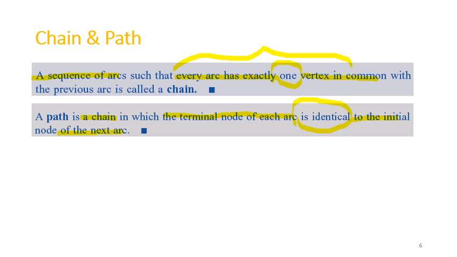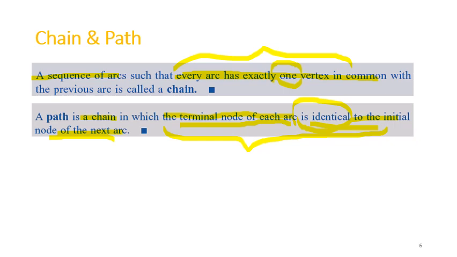So a path is a chain, but with an additional requirement: not only does every arc have exactly one vertex in common, but the terminal node of each arc must be identical to the initial node of the next. Let's see what this means to make it less abstract.